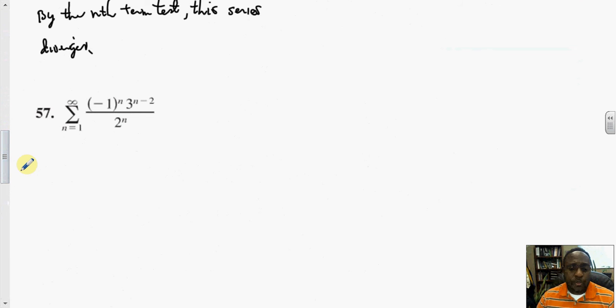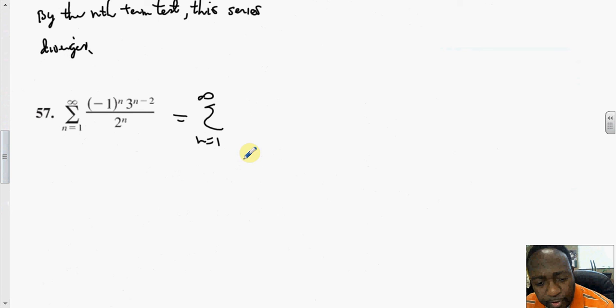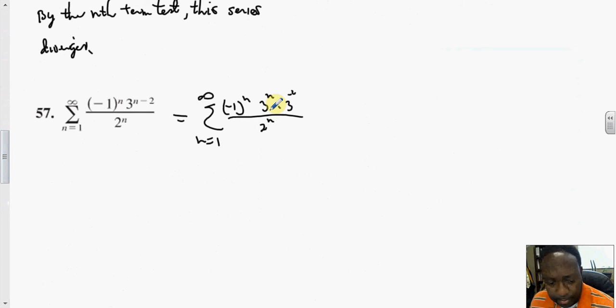So what about this next one? Interesting. I think if we can rewrite this, we may be able to see what's happening. This is the summation as n goes from 1 to infinity of negative 1 to the n, and then this is 3 to the n times 3 to the negative 2, all over 2 to the n.